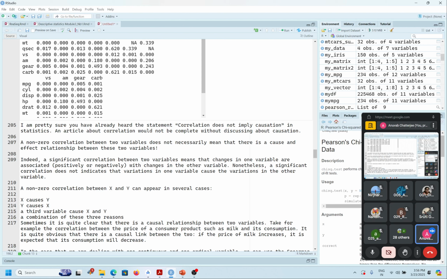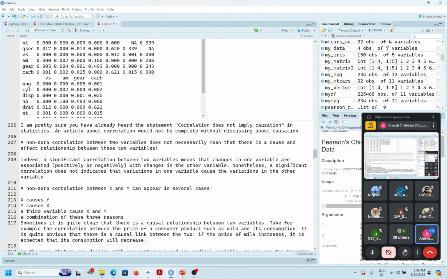But that does not tell you that they are causative. Causative meaning that the number of hours that you're studying mathematics actually is causing your marks in mathematics to grow. Correlation only tells you if the variables have a positive or negative relation. They do not assume causation.